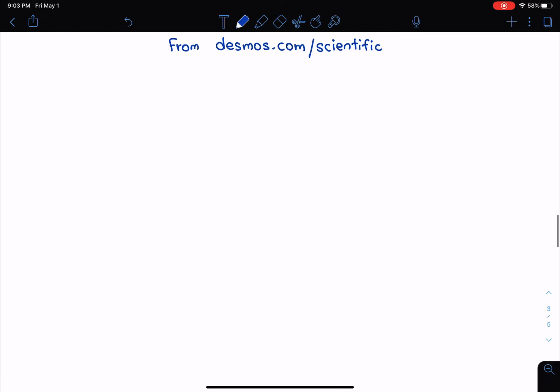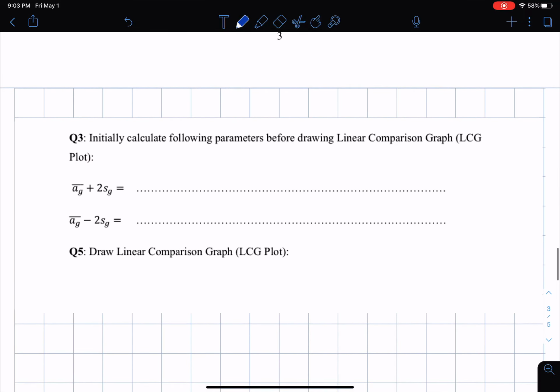Now we are going to calculate these two quantities. The first one is mean plus 2 times standard deviation and the second one is mean minus 2 times standard deviation.